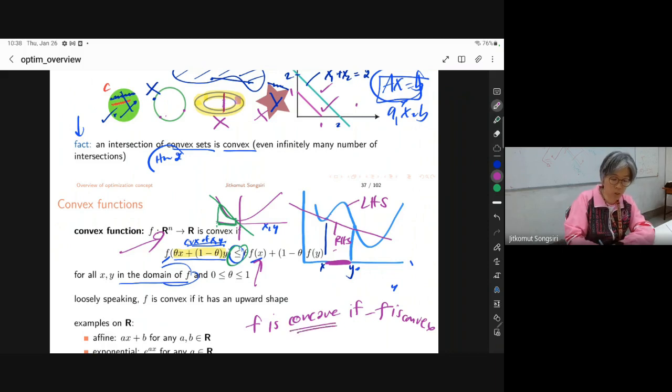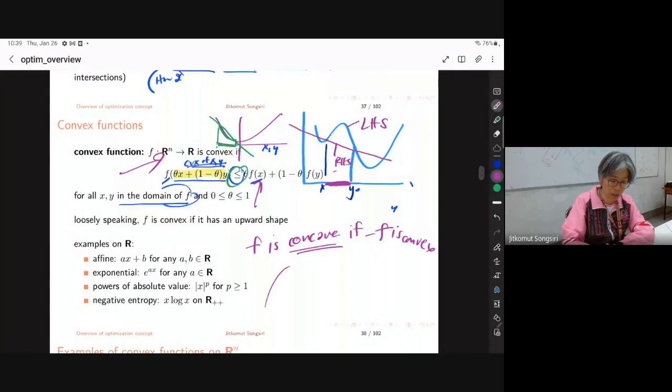That is a term you might have seen in some resources. A function is concave if minus f is convex. So a concave function would look like this.